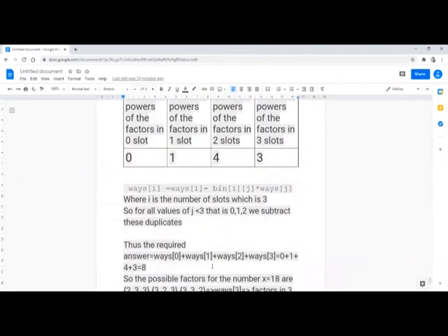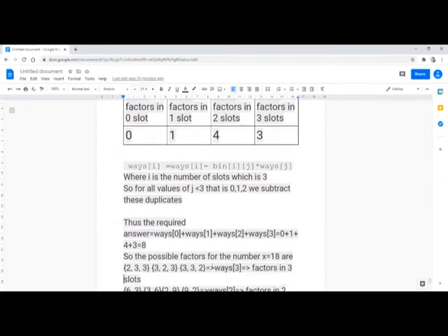Similarly, that's how we update the value, where ways of i is equal to ways of i minus iCj multiplied with ways of j, where we select j slots from i and we just multiply it with the ways of j, because we have already counted this and this doesn't belong.